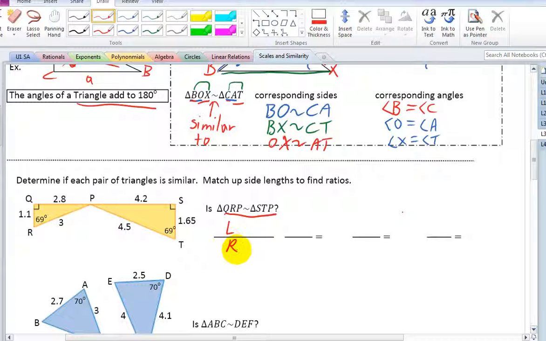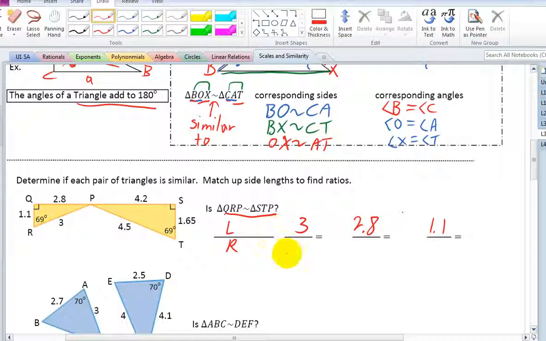Left, sure. Then right will go on the bottom. For the left triangle, we have 3, 2.8, 1.1. For the right triangle, you have to match up the sides. Notice we went from large to medium to small. It only makes sense that the other triangle matched up similarly.